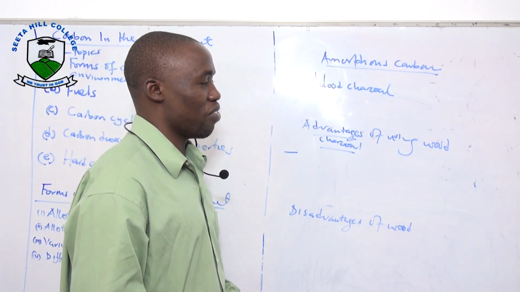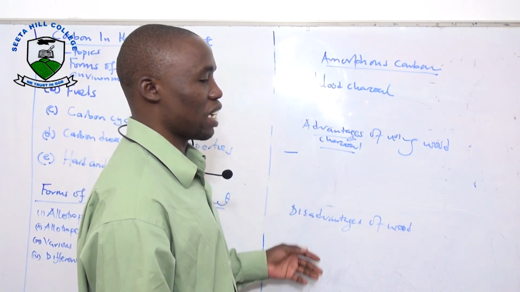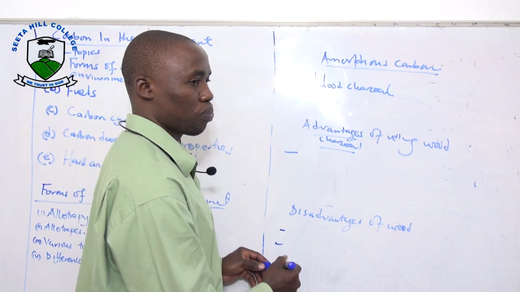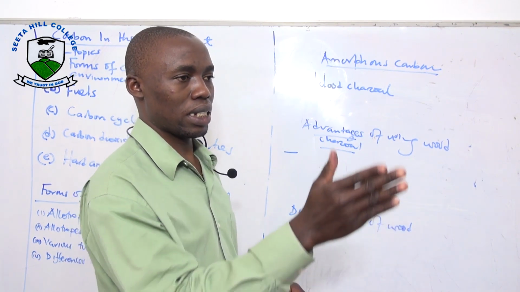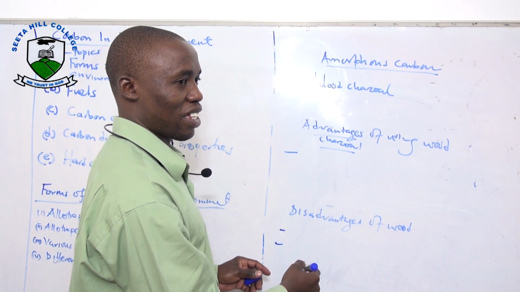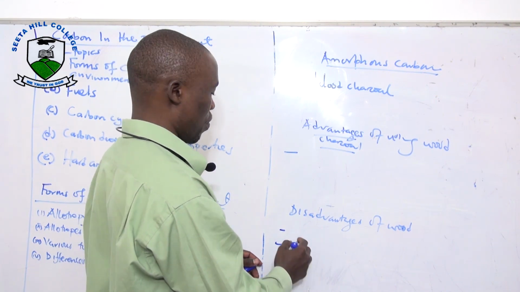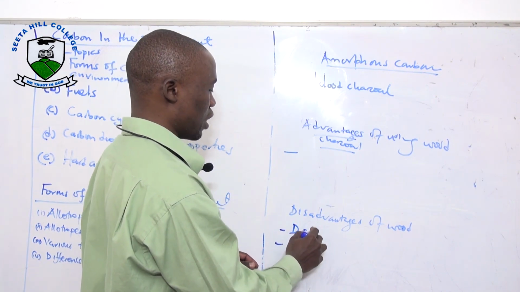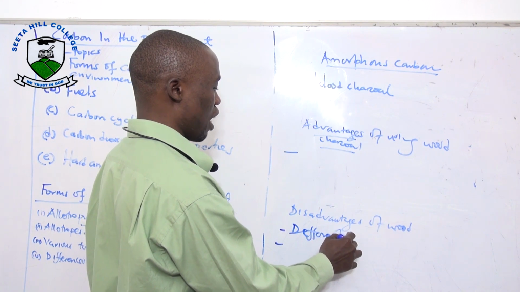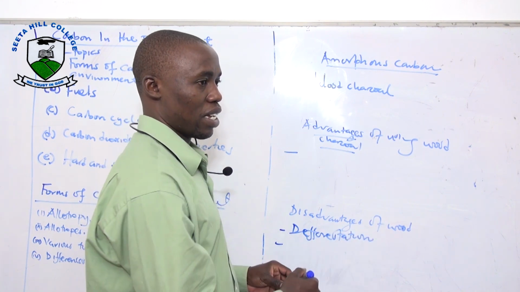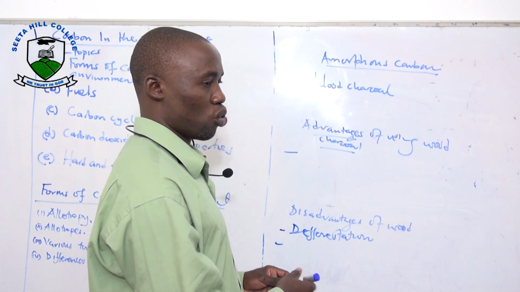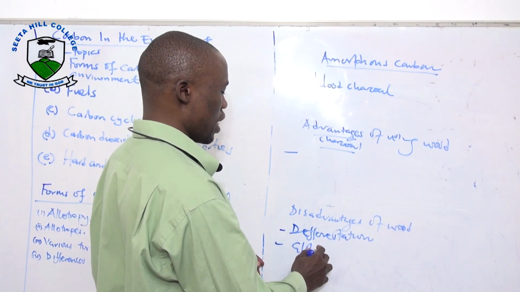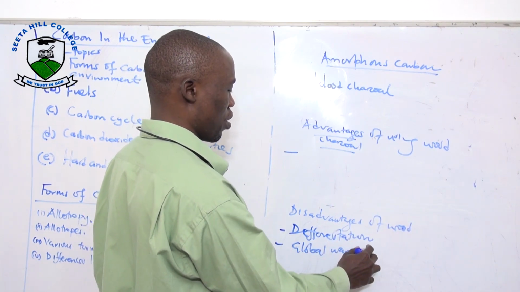Okay. Now, advantages, we've seen them. Disadvantages of using wood charcoal? It leads to deforestation. It increases deforestation, hence affecting the climate. Yes, global warming. Why?